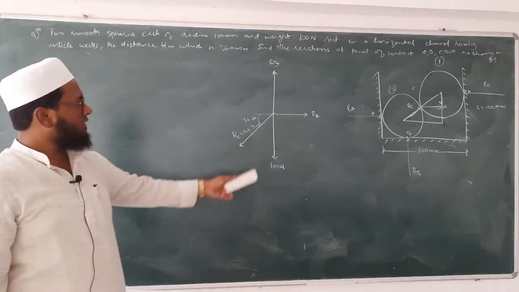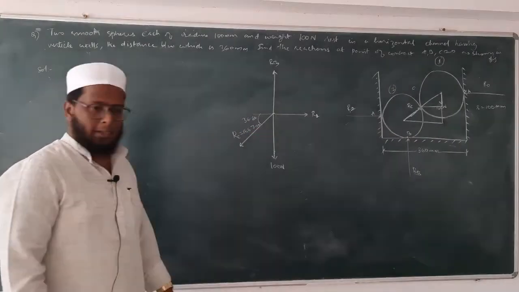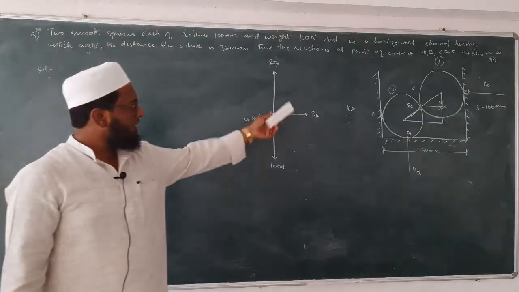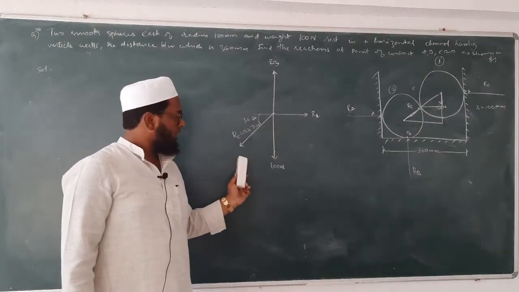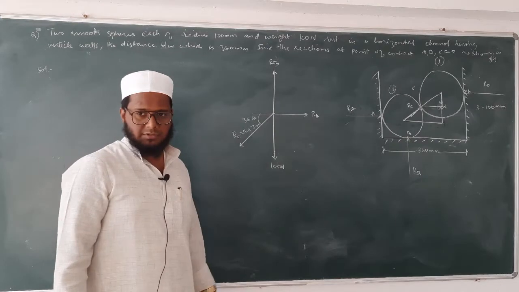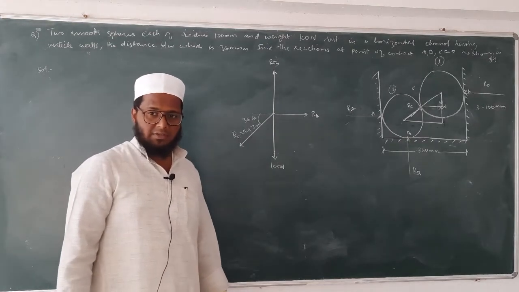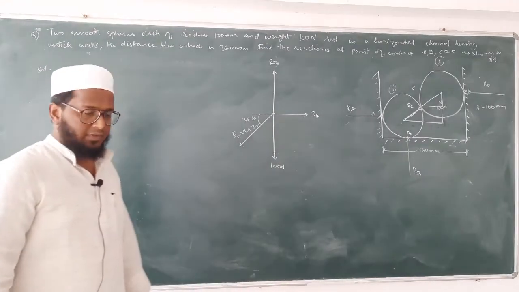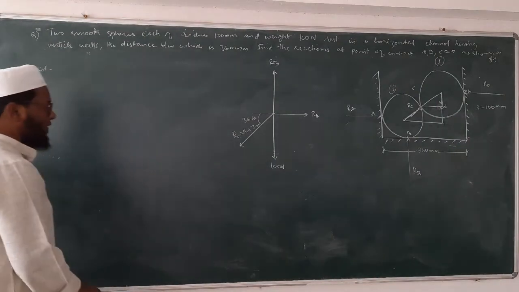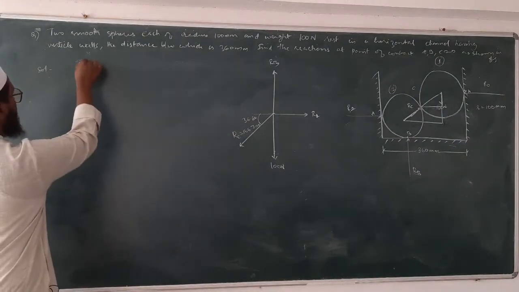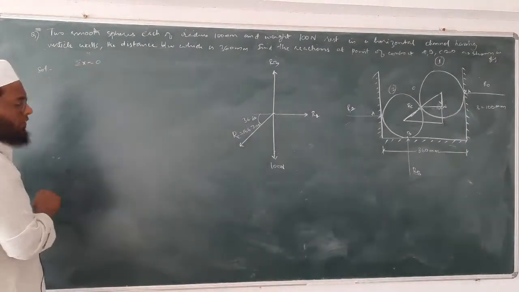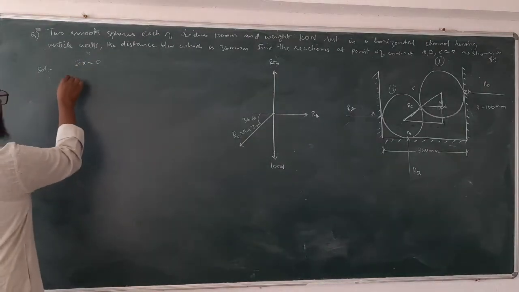Now, how many unknown forces we have here? 2. Then how many forces are there in this system? 1, 2, 3, 4 system of forces. We cannot calculate with the help of Lami's theorem. So we have to go with equilibrium equations or components. So we'll go with sigma x is equal to 0. So what is that?